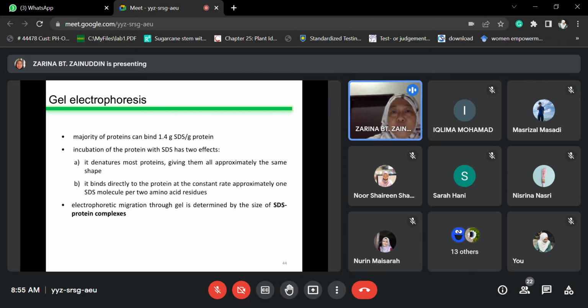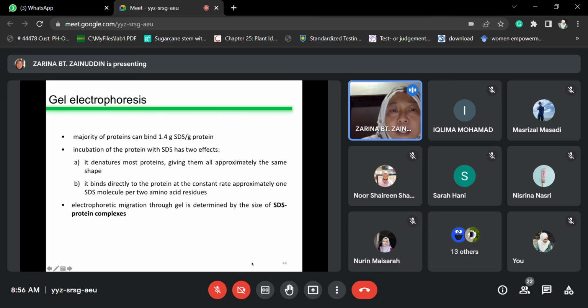Alright, the amount of SDS yang kita add depends on the gram of protein. Normally kita add 1.4 gram of SDS to 1 gram of protein.